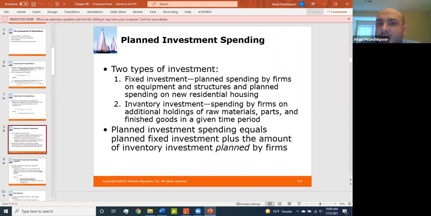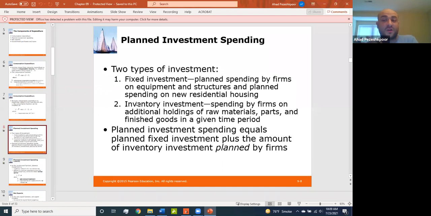I would consume 9 tons of my harvest, but 1 ton I would put back in the ground. It would be inventory investment.